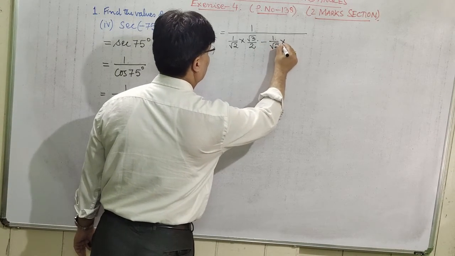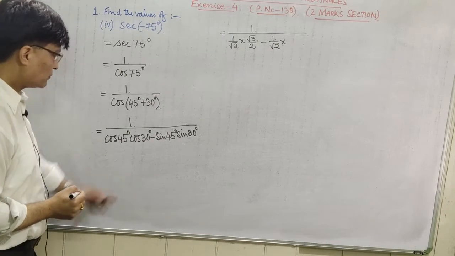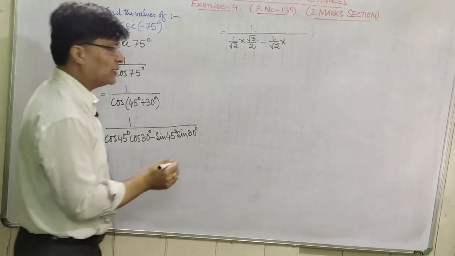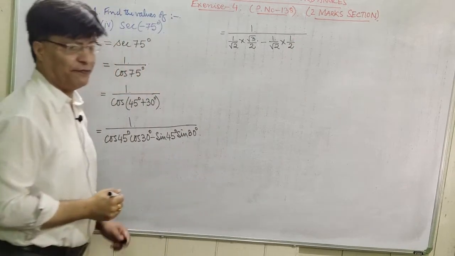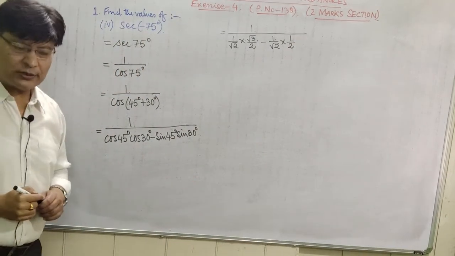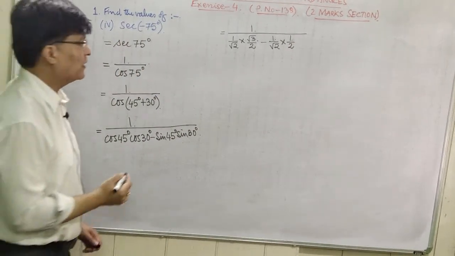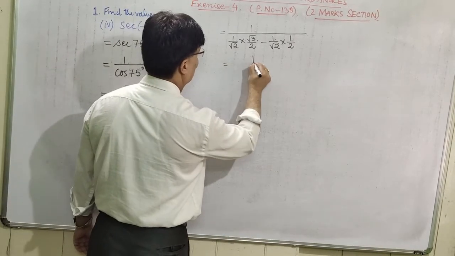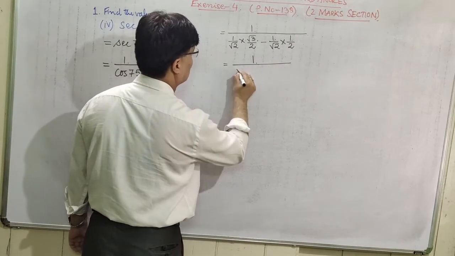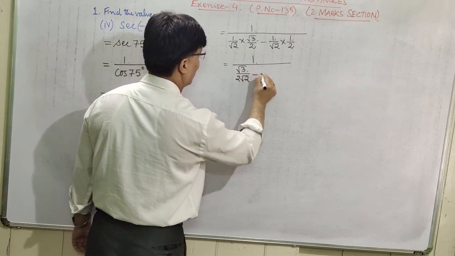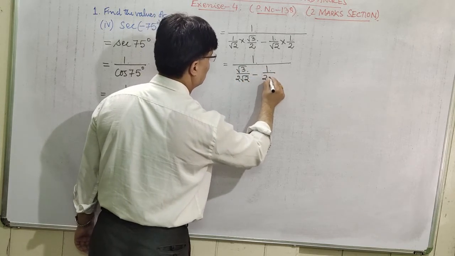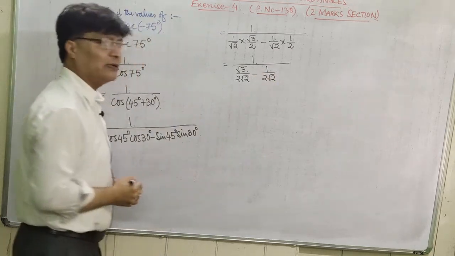Sin 45 degree is 1 by root 2. And what about sin 30 degree? It is half. Is that understood? Now let us simplify it. So which is equal to 1 upon, now this is root 3 by 2 root 2 minus 1 upon 2 root 2. Is that clear?